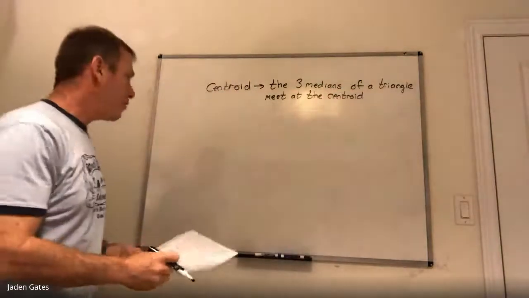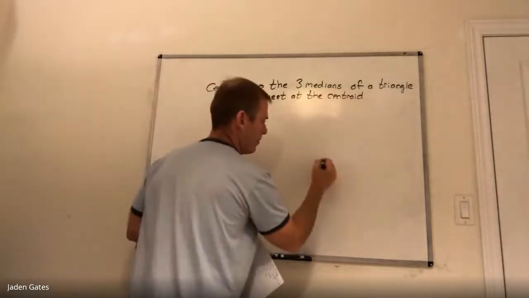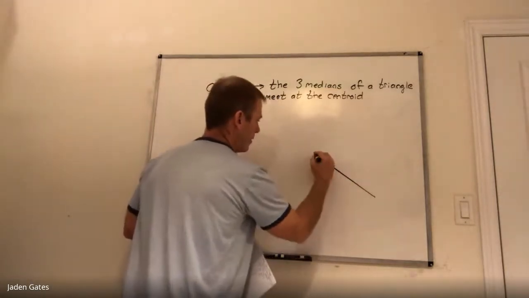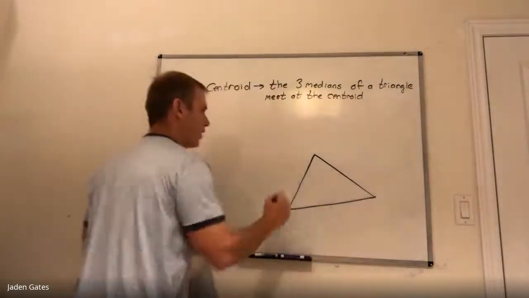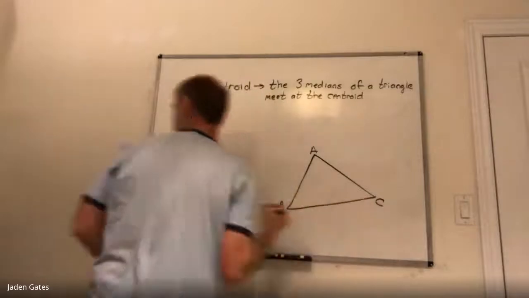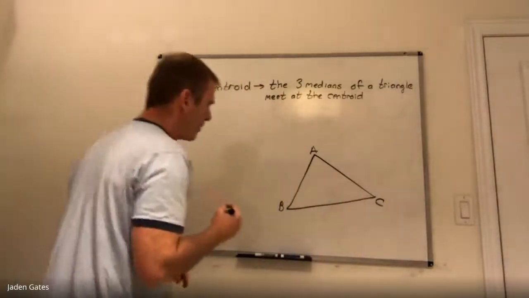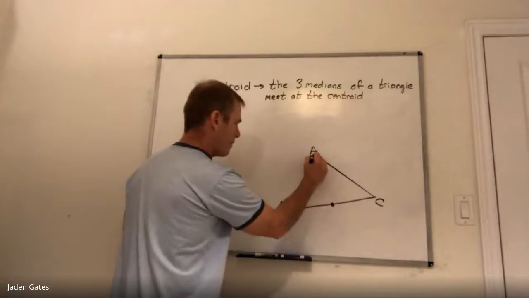Now, here's the neat thing. I'll draw it first. I'll give you a diagram. So here's my triangle, and I'll call it triangle A, B, C. Say that this is the midpoint, because that's what a median is.